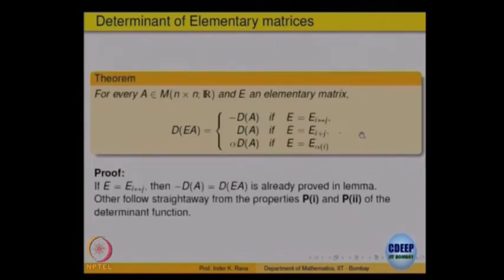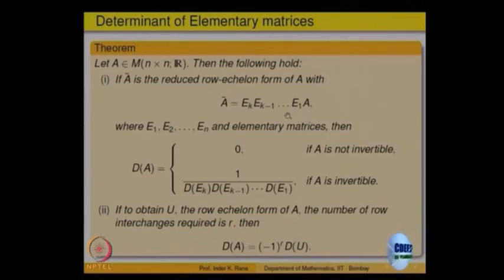So, using this we will get the determinant of A is equal to 1 over the determinant of the product. Now, on the right hand side the numerator is the determinant of A tilde in that equation. What is the determinant of A tilde in the reduced row echelon form? That depends on the form of that A tilde, either it will be identity, it is a square matrix.